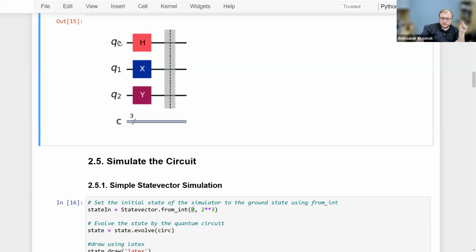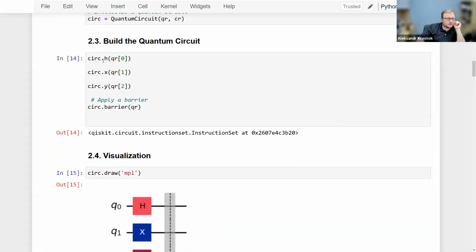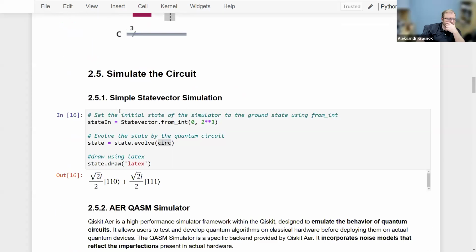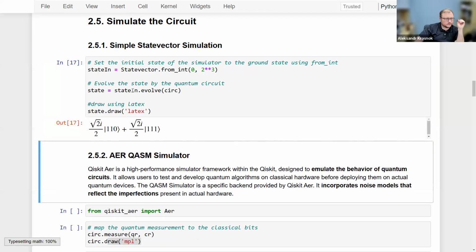So all qubits are in the 0 basis state. And then I asked to evolve this state, dot evolve, and I apply this to the circuit. This is the name of my circuit, announced here. The state changes, so now it's in the output.